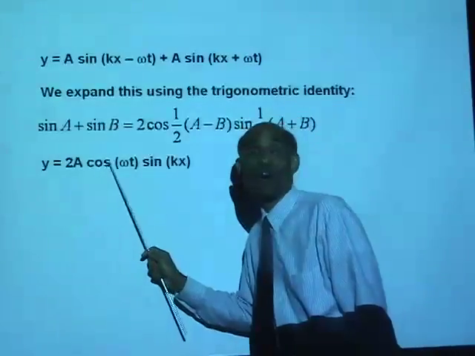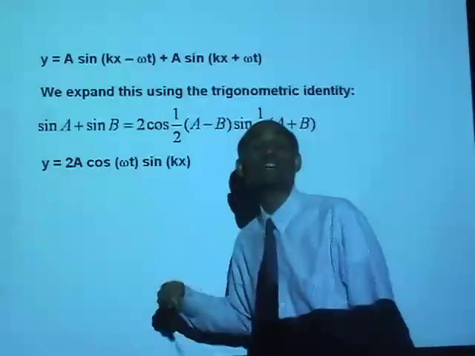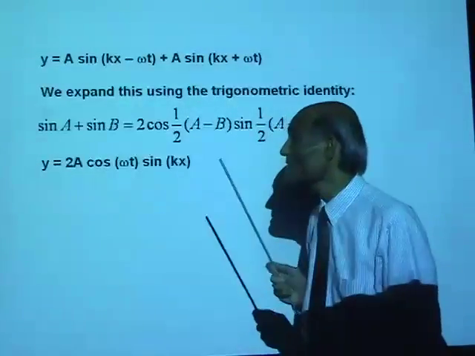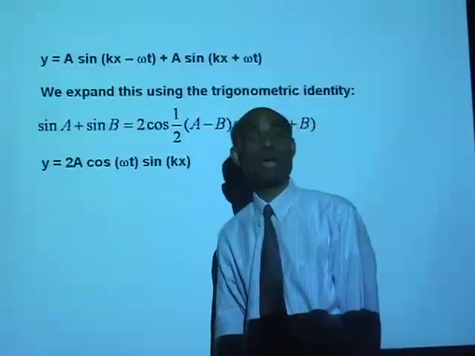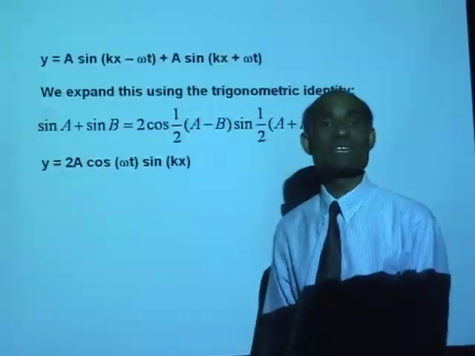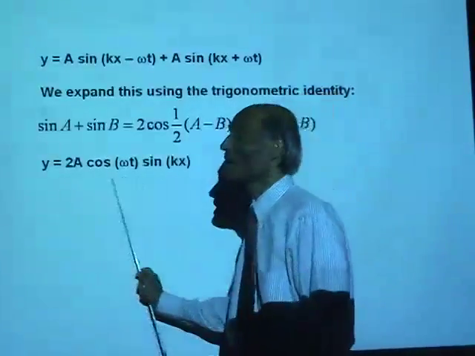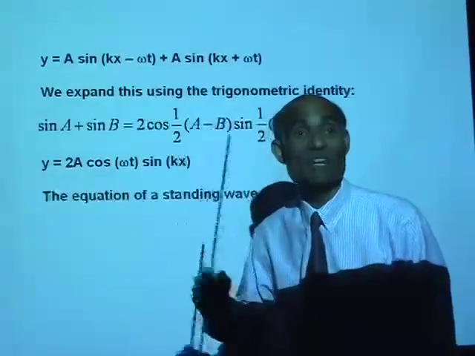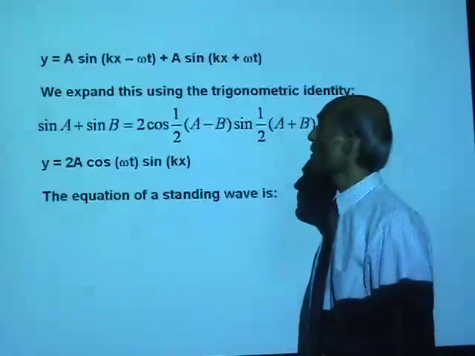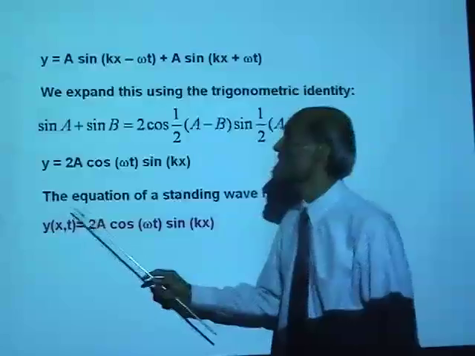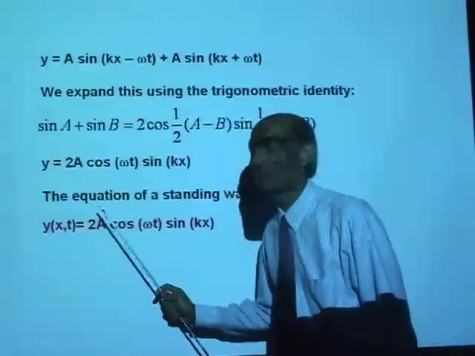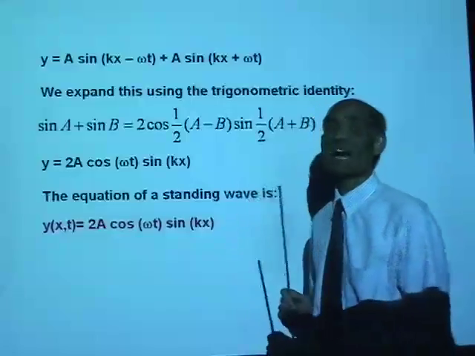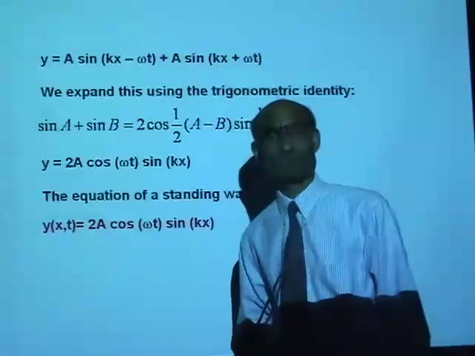And cos of negative omega t is cos omega t. So the resultant wave is y equal to 2a cos omega t sine kx. And this is the equation for a stationary wave. So the equation for a stationary wave is y(x,t) equal to 2a cos omega t sine kx.